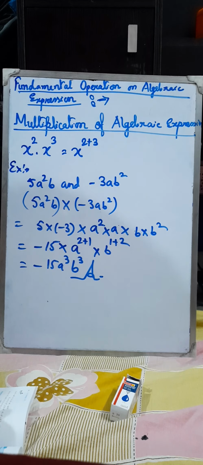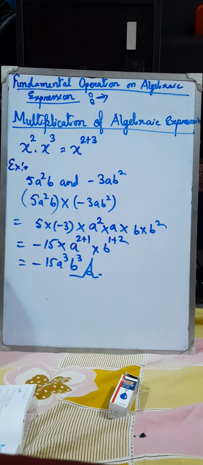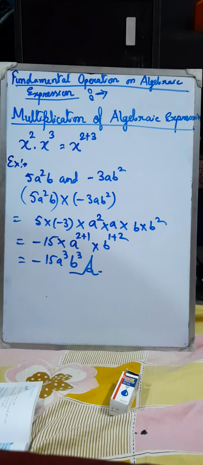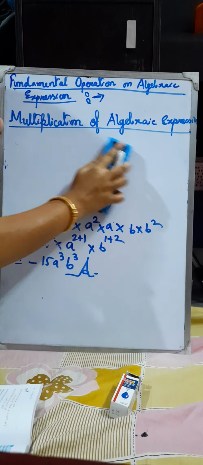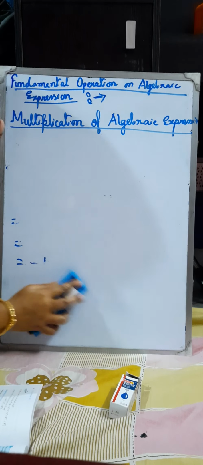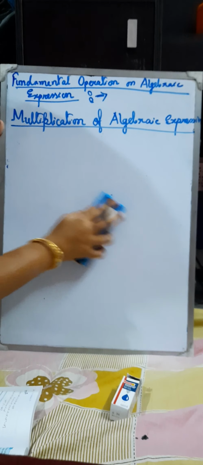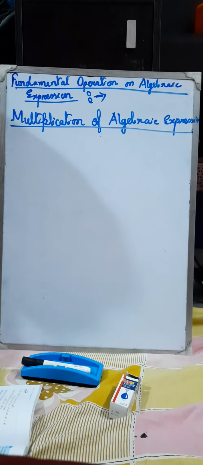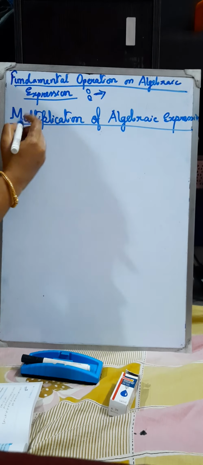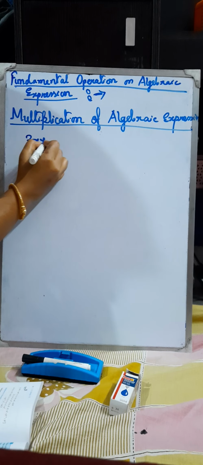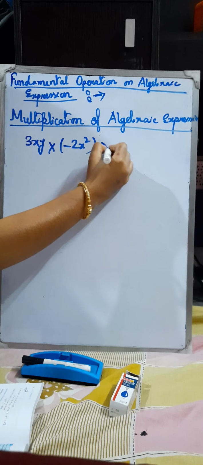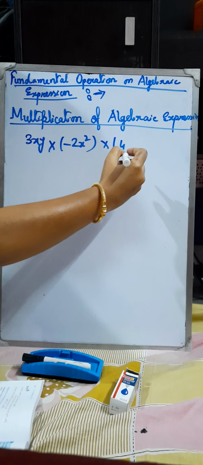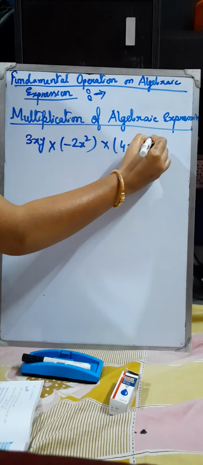Okay, now take another example. Suppose it is given 3xy into minus 2x square into 4xy square.